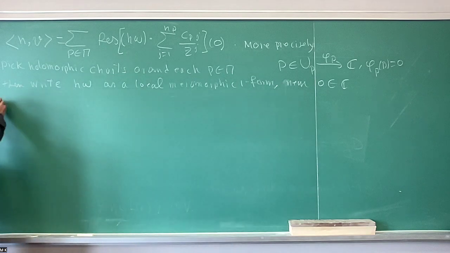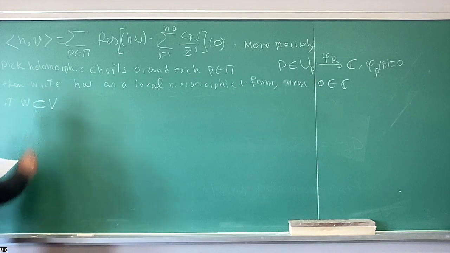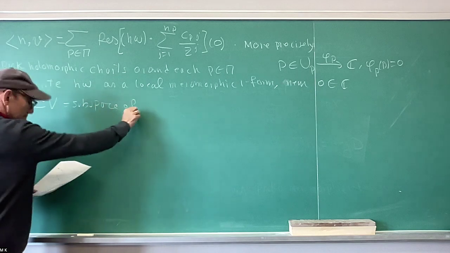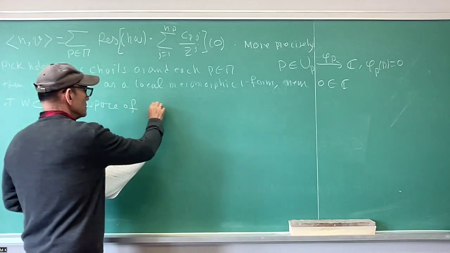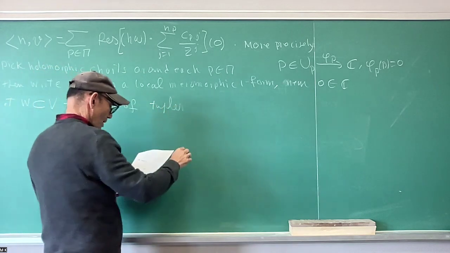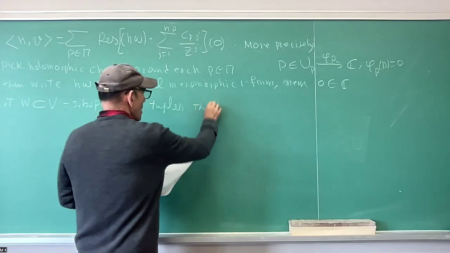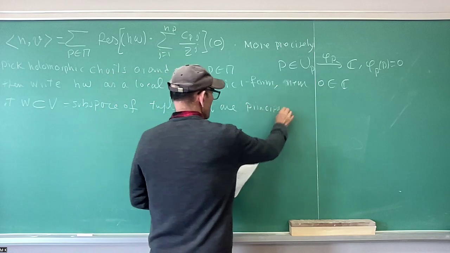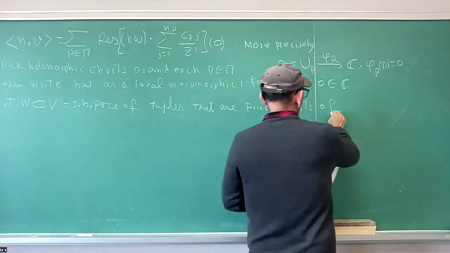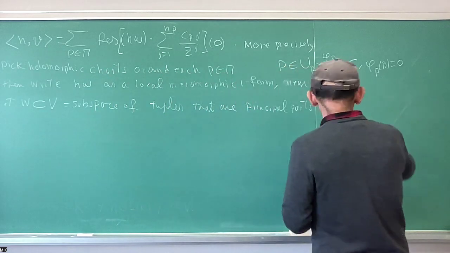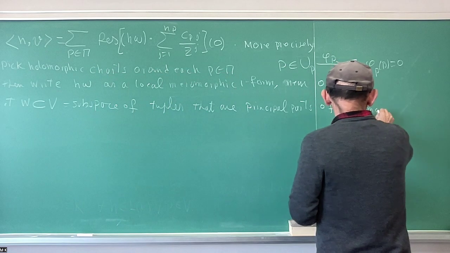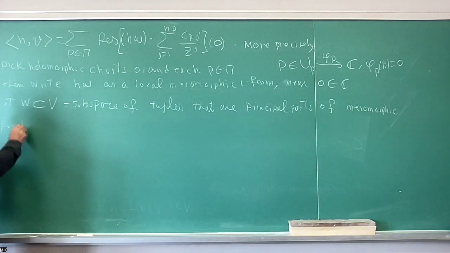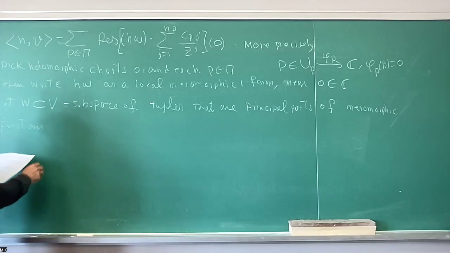Let W, a subspace of B, be equal to the subspace of tuples that are principal parts of meromorphic functions in L of D.